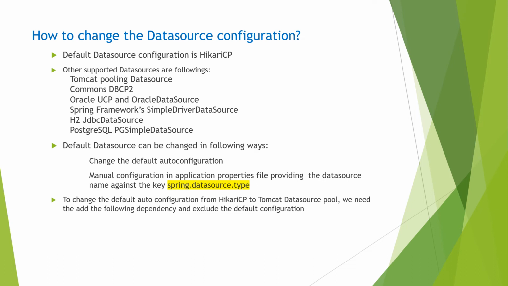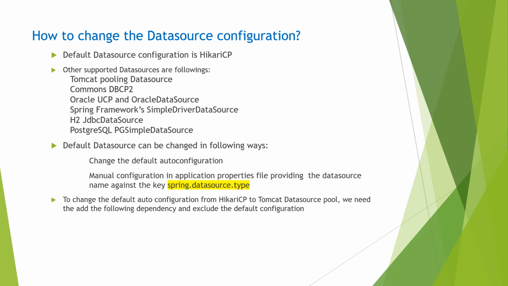We can change the data source configuration in two ways: one is auto configuration, and the other is manual configuration. Auto configuration means we add the corresponding data source details in our pom.xml. Our Spring Boot application will scan the components and automatically configure the corresponding data source.